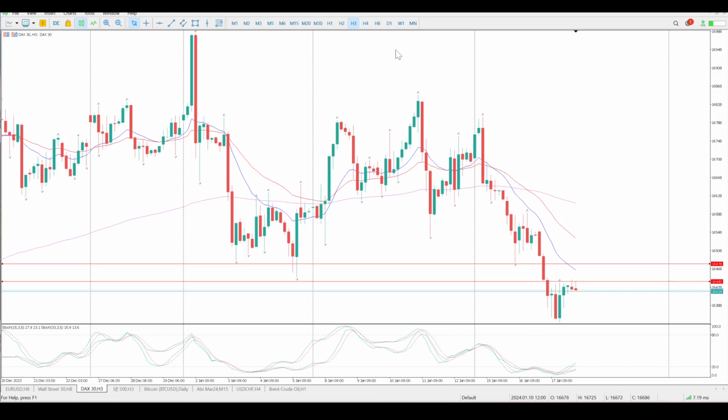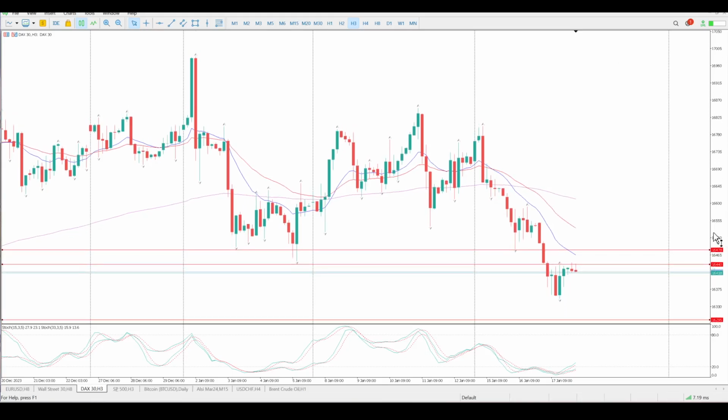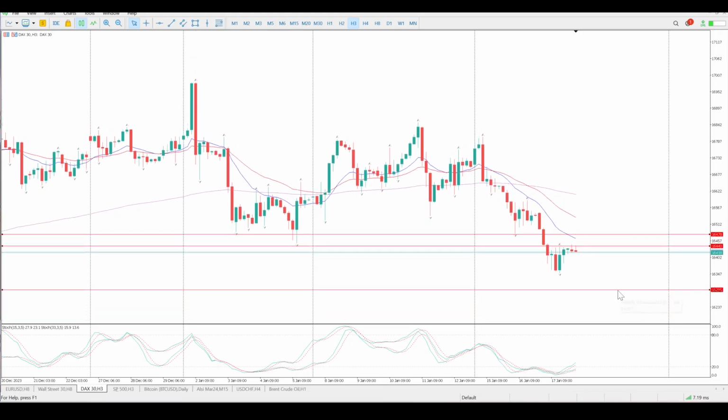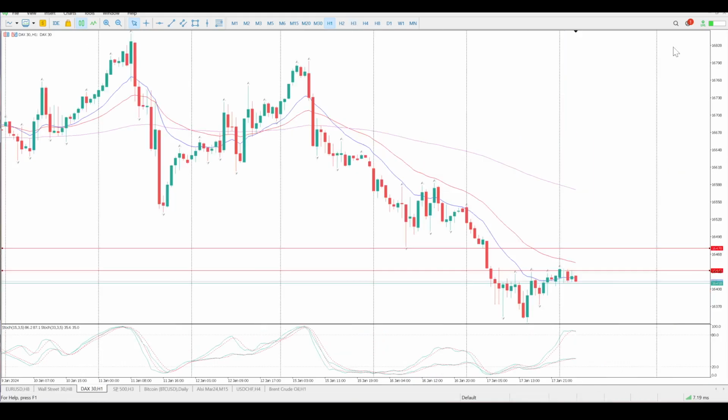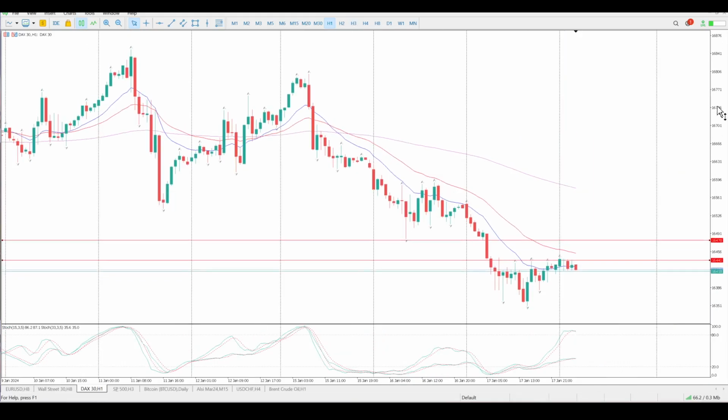So there is still merit to think that we have some downside still to target the 16,295 area.